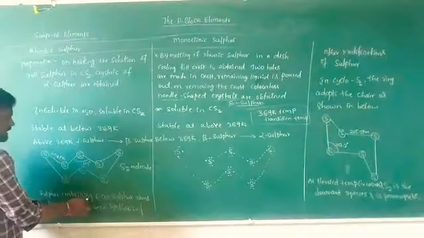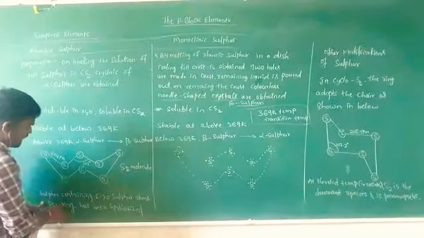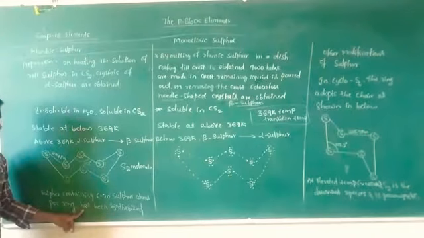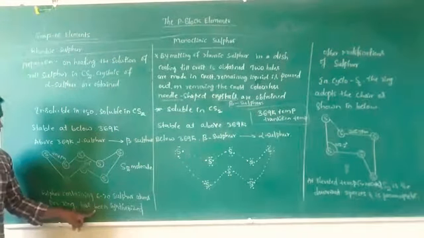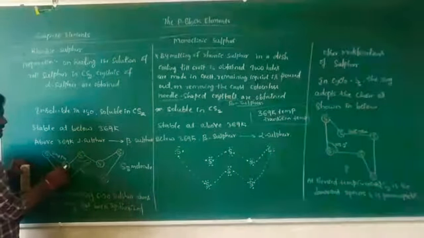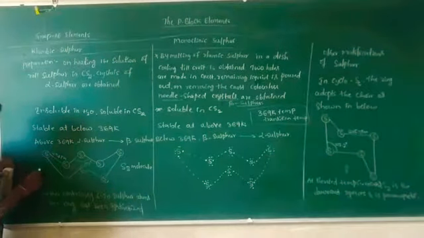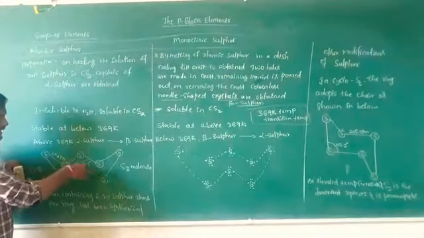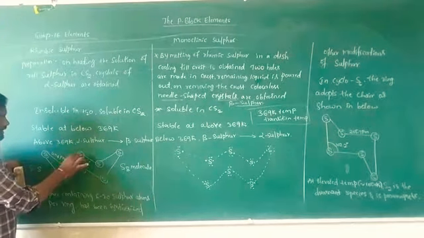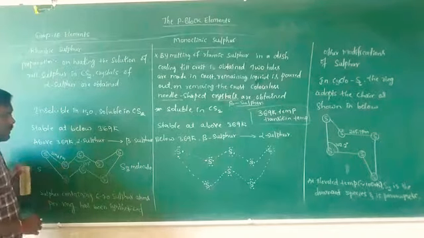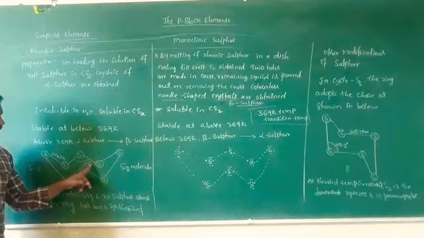Sulfur rings containing 6 to 10 sulfur atoms per ring have been synthesized. In that, the S to S single bond has a bond length of 204 picometer and the S-S-S bond angle is 107 degrees.